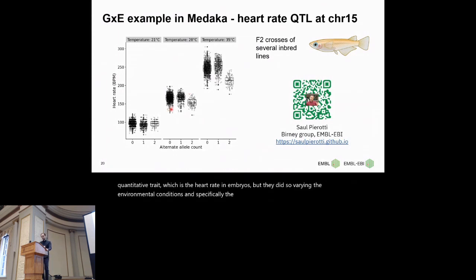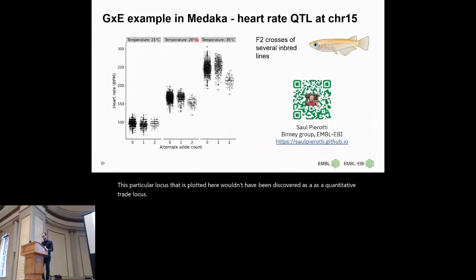So you can see that at 21 degrees Celsius, the reference homozygous, the heterozygous, and the alternate homozygous have basically the same heart rate. So this particular locus that is plotted here wouldn't have been discovered as a quantitative trait locus.